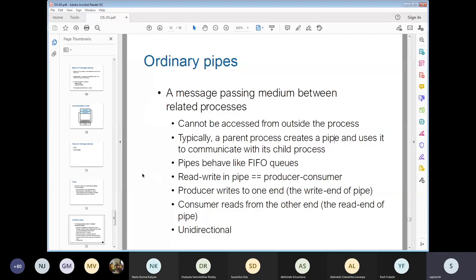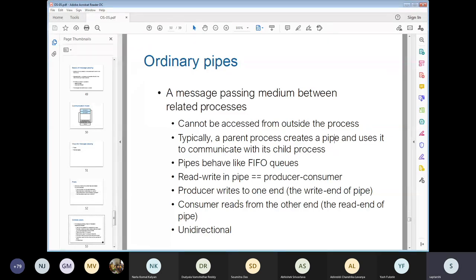Pipes behave like FIFO queues, and this is very similar to what we discussed in the producer-consumer problem. The producer writes to one end of the pipe, which is the write end, and the consumer reads from the other end, which is the read end. Using pipes you can also implement the producer-consumer paradigm that we discussed.